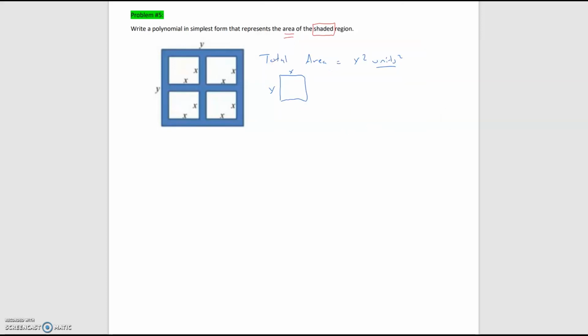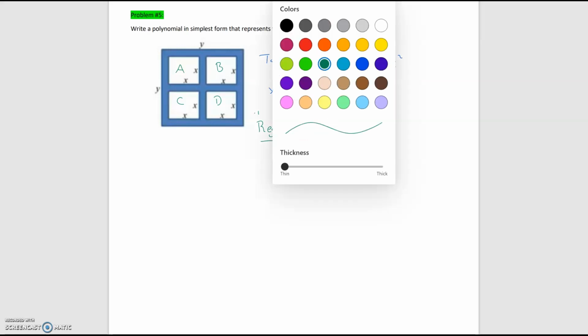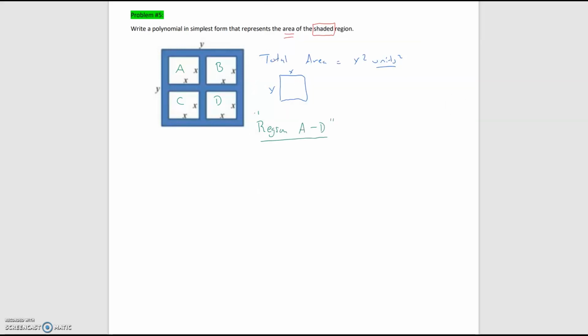And then I'm going to label this as region A, B, C, and D. So let me just rewrite it as region A through D. And in this case, each of these is going to be a square of x and x.